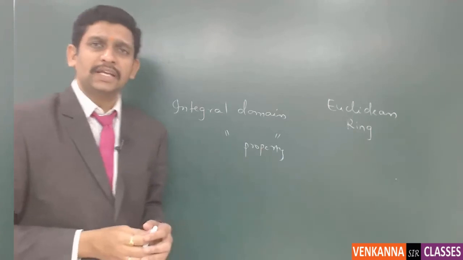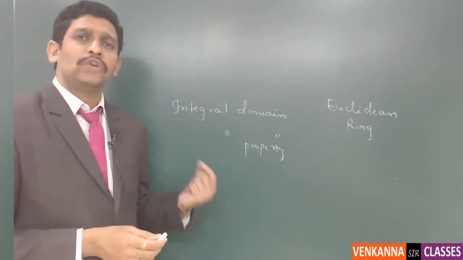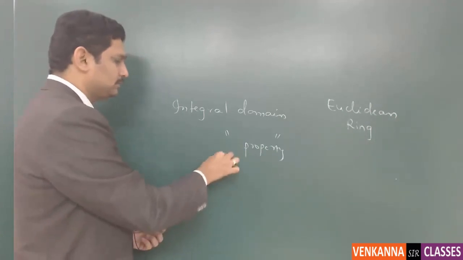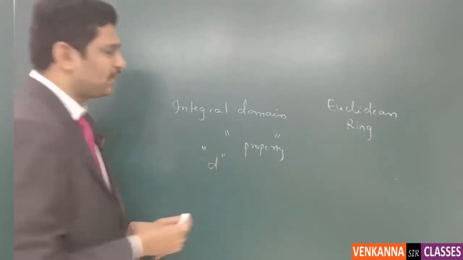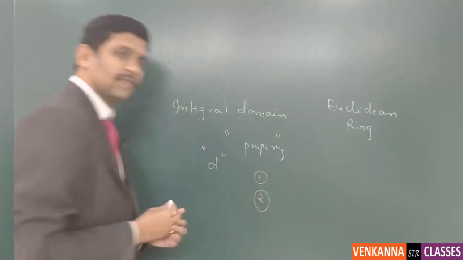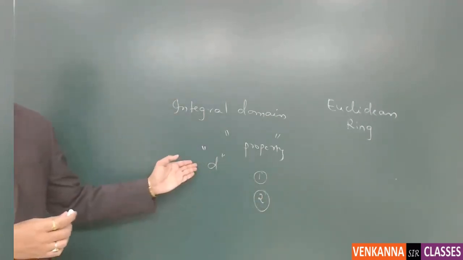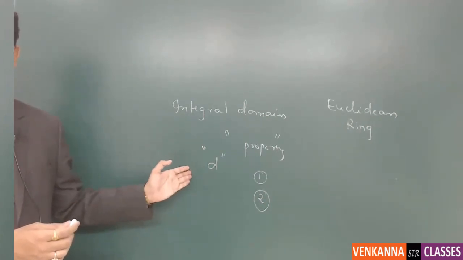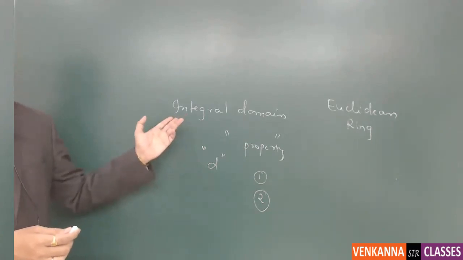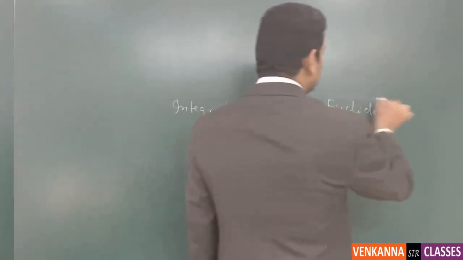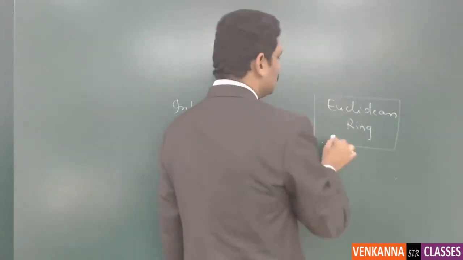That property is nothing but we are able to define a function d satisfying two conditions. If such a function d exists, then we say that this integral domain will be called an Euclidean ring or Euclidean domain.